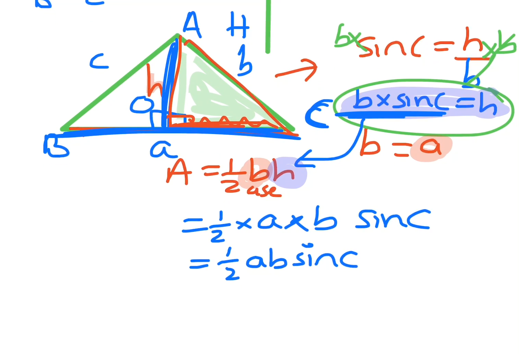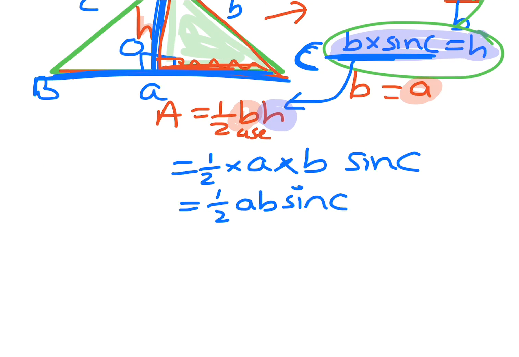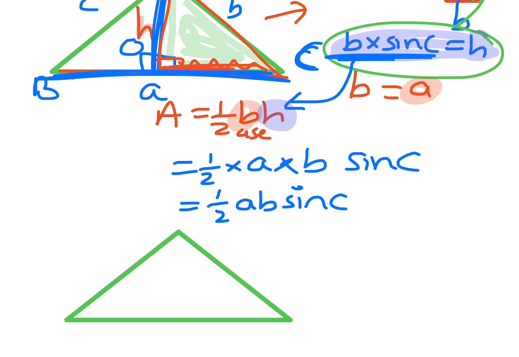Now, how you actually apply the formula if you have a triangle. In order to find the area, the angle must be in between the two sides. That's where your C comes from, because this is the C, and then you actually need the a and the b.